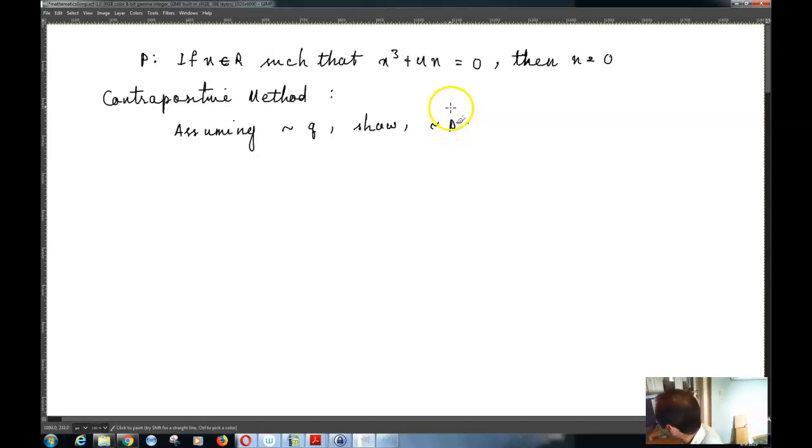So what that means is that I'm going to assume that x is not equal to 0, meaning that Q is not true. So assuming not Q, meaning that I have to assume Q is not true, meaning that x is not equal to 0, right?